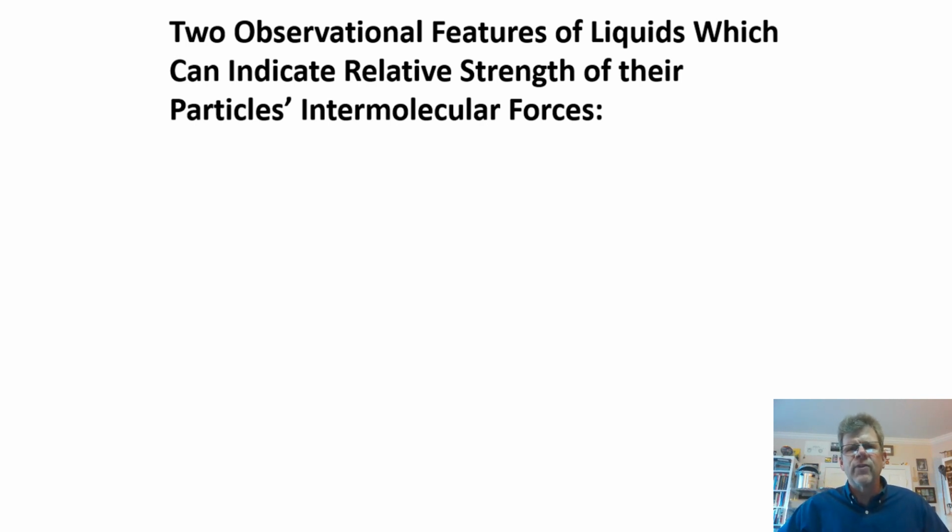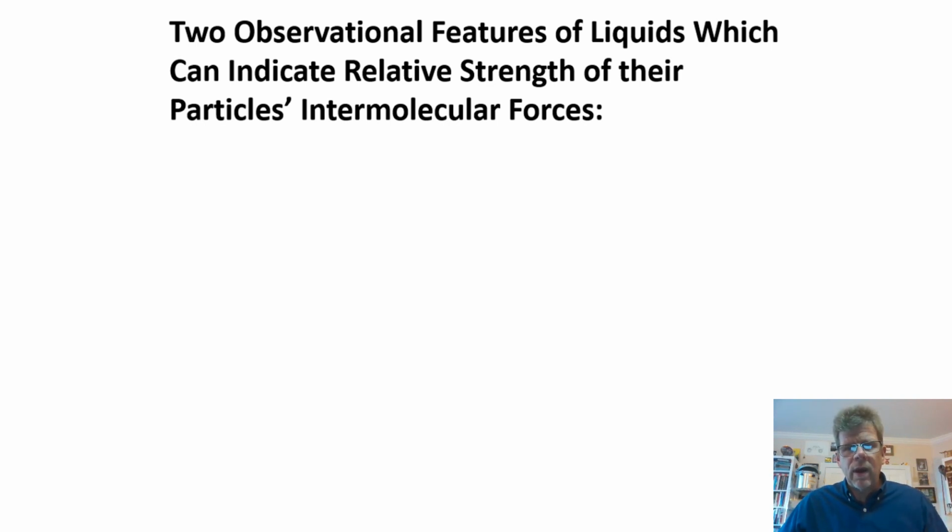So these two observational features can indicate the relative strength of their particles' intermolecular forces. This chapter is really all about comparisons. So if I have two liquids and one of these observational features is more pronounced, then that would indicate that the strength of that liquid's intermolecular forces between the particles is greater than the other one.